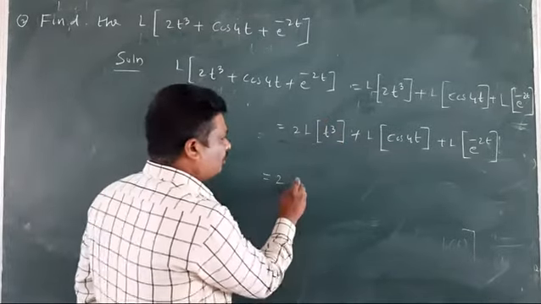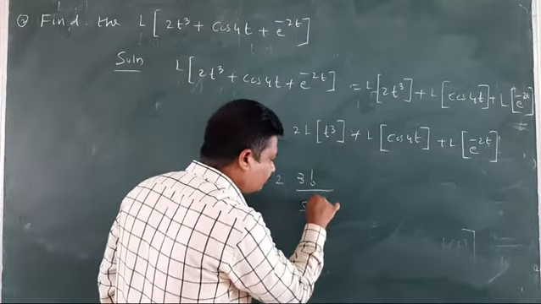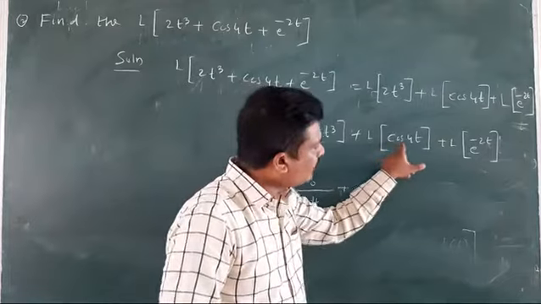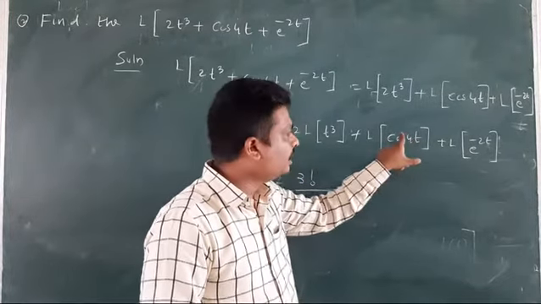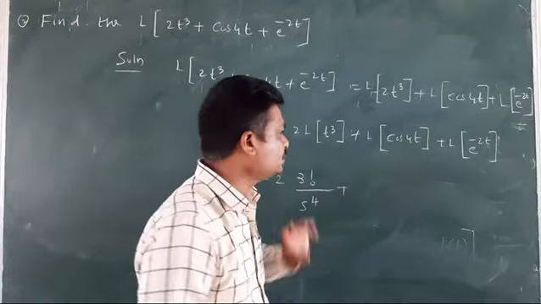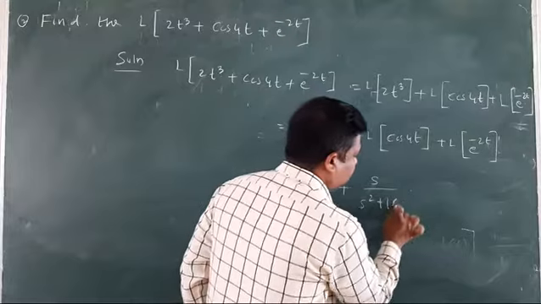So after applying the formula I will get 3 factorial upon s to the power of 3 plus 1, that is 4. Here I will apply the Laplace of cos at formula. The formula is s upon s square plus a square. Here the value of a is 4, that is s upon s square plus 16.